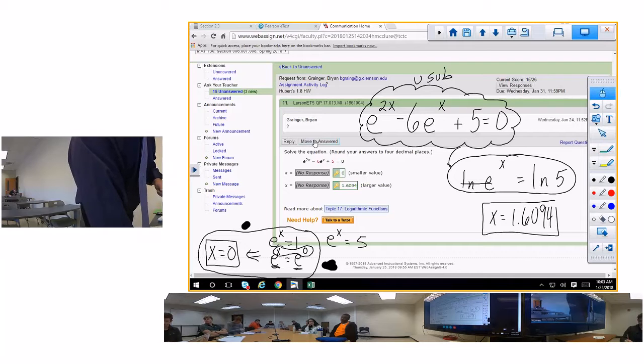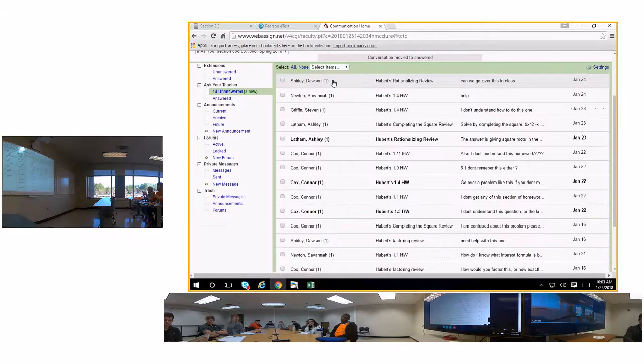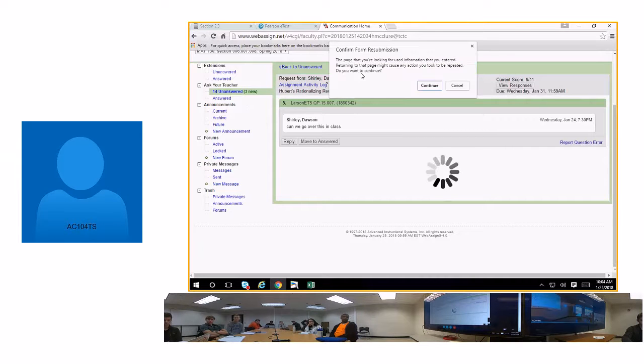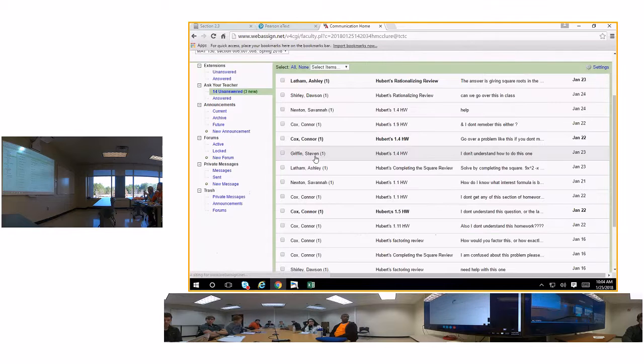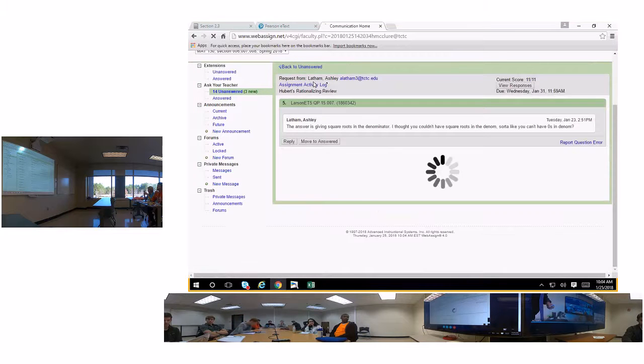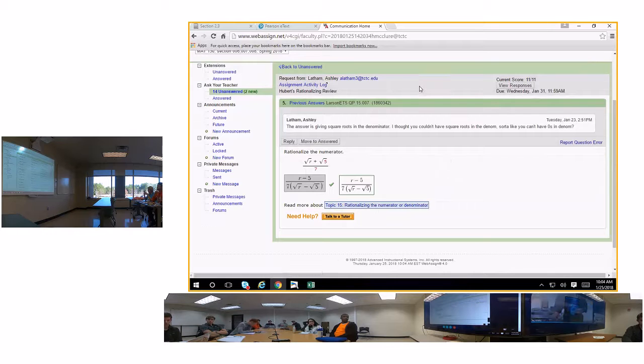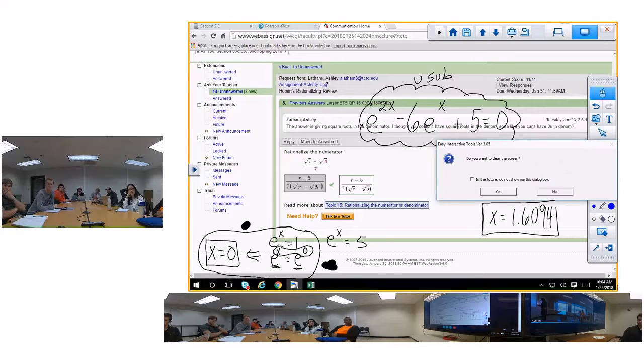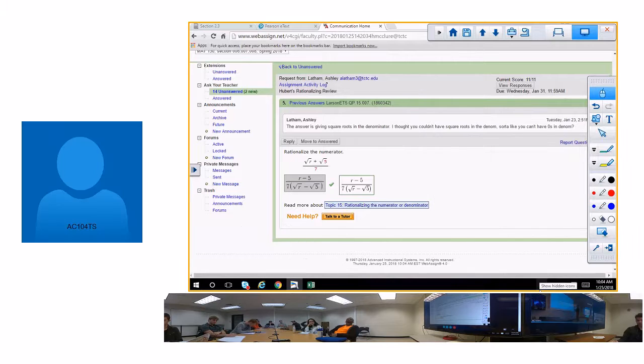I'm going to have to refresh every time I do a new question. This software is sub-primitive. Okay, rationalizing the numerator, rationalizing the denominator. Whenever you're dealing with rationalizing, you have to remember your rules of radicals. I'm just going to go over a couple right quick.